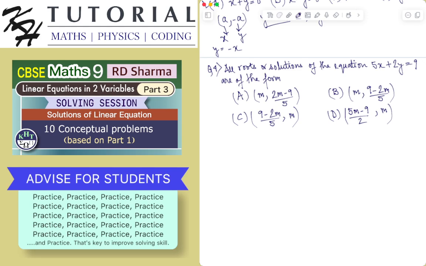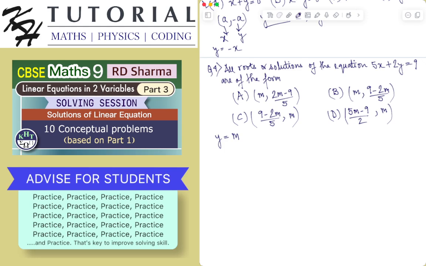Okay, so the way you solve is that you consider, let's say, y to be m. You see that m is in some of the choices as the y value and also as the x value. In choices A and B, m is the x value, and in choices C and D, m is the y value. So what you do is you consider, let y equal m.